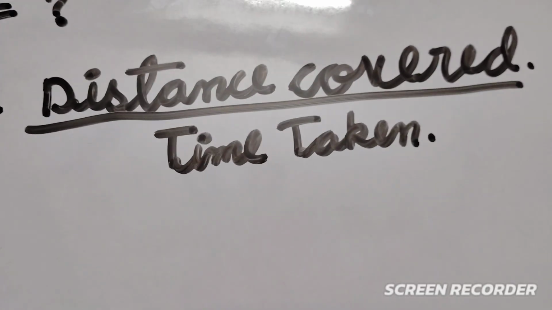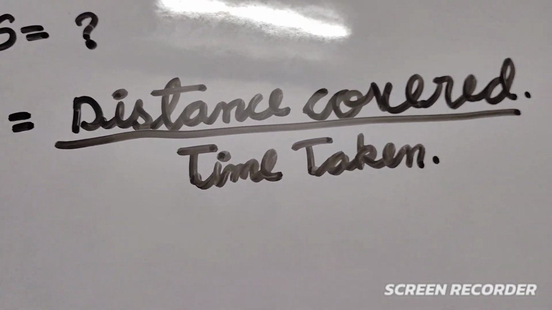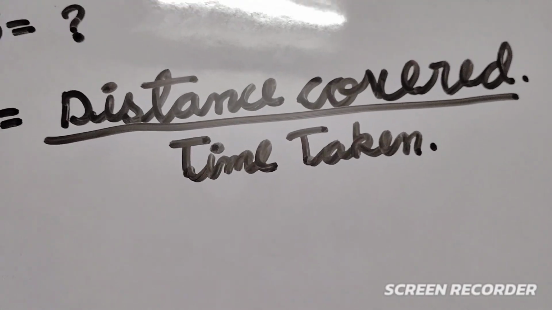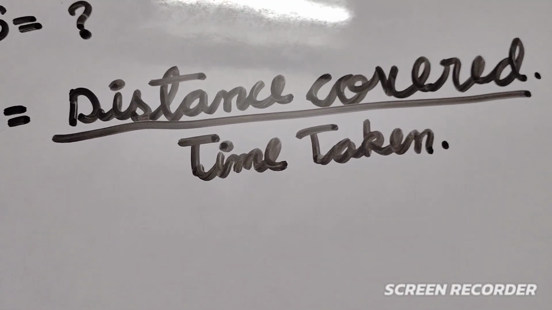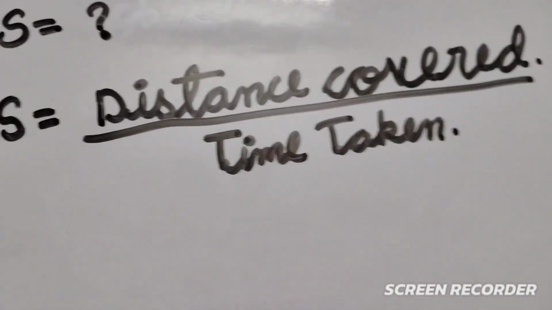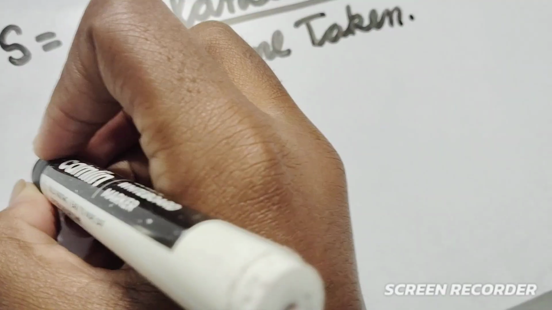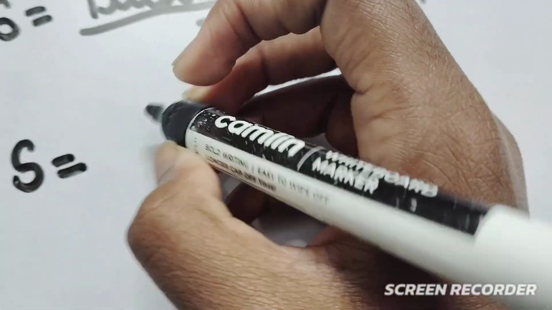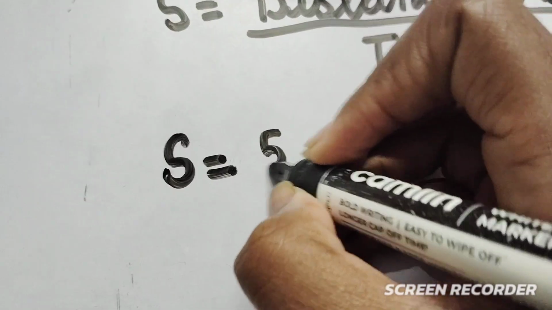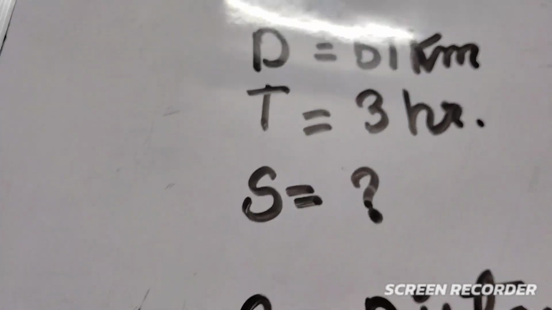We will write them till today, and from the next day when this chapter is 50% completed, we will do normal type questions in normal ways. We will not write the formulas, or we will write them for only one or two questions. Now, speed equals distance, which is 51 kilometer, upon time taken, which is 3 hours.